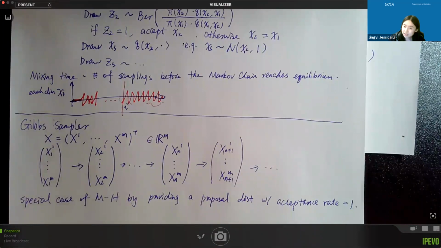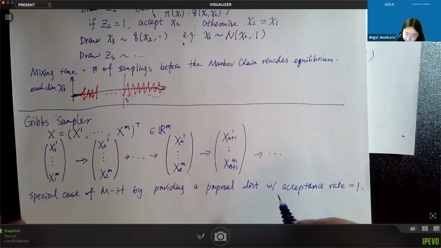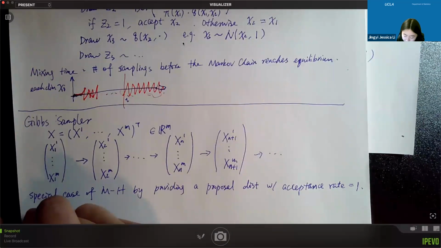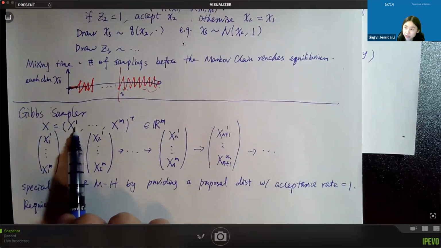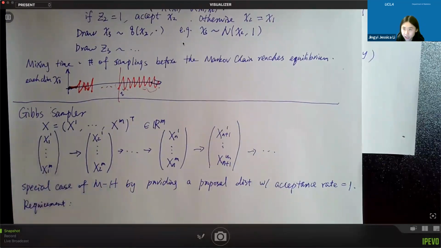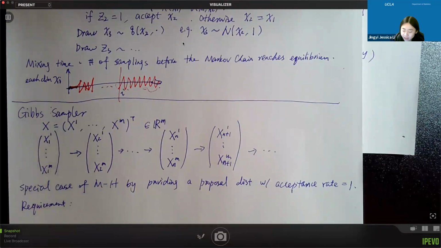Okay, so what does it do? So the requirement is that for each dimension in your random vector, if you condition it on the other dimensions, you can easily sample that single dimension.